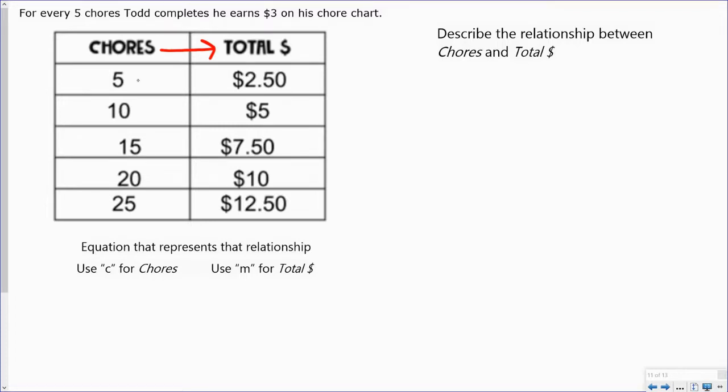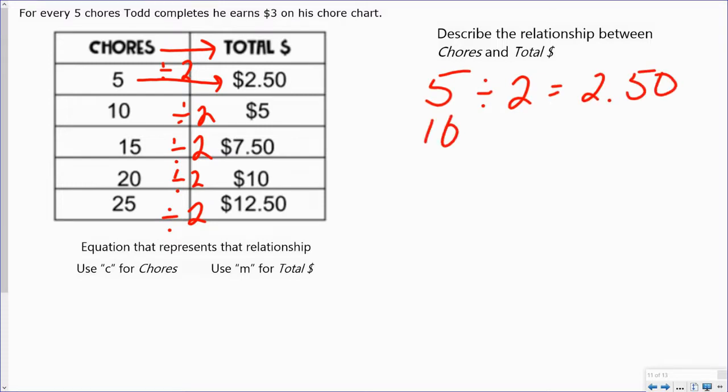Well, when I go from 5 to $2.50, I'm dividing by 2. 10 divided by 2 gives me 5. 15 divided by 2 gives me $7.50. 20 divided by 2 gives me 10. And 25 divided by 2 gives me $12.50.